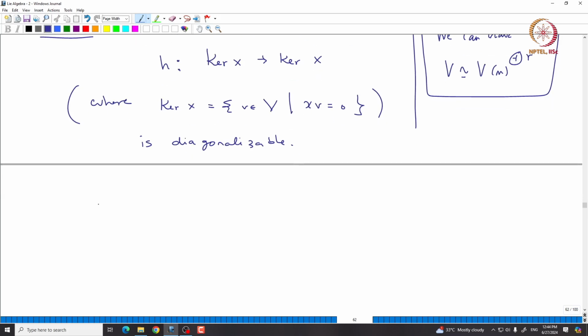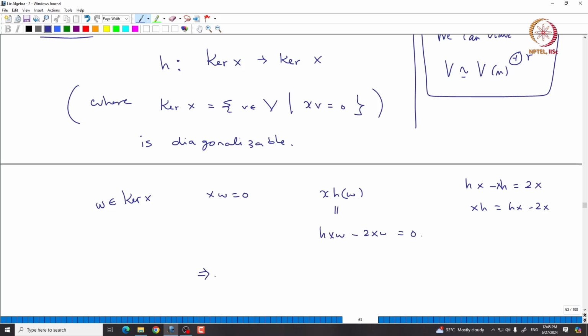First, note that if I start with some w inside kernel X, then X w will be 0. Then X H w: since H X minus X H is 2X, X H will be H X minus 2X, so X H w will be H X w minus 2 X w, which will be 0 because X w is 0.